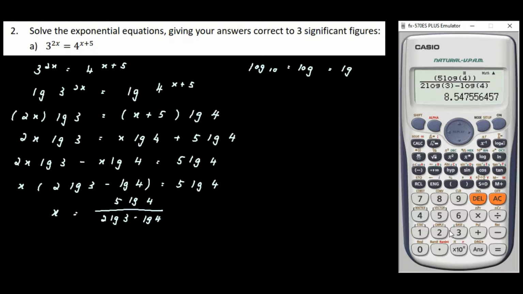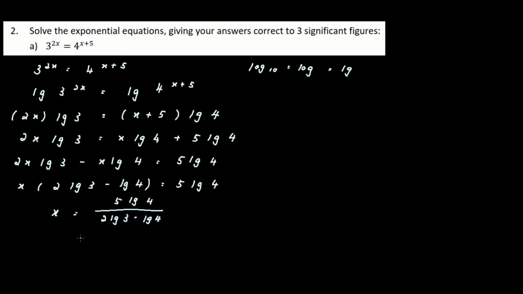Okay, so you should be able to get the answer 8.55, because the question asks for three significant figures, right? So 8.55 in three significant figures. Okay, so that's it. Easy, right?